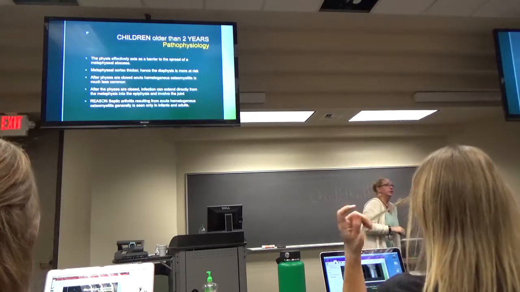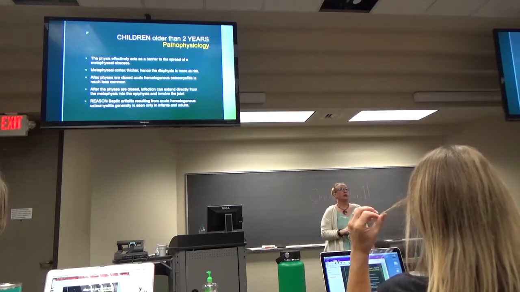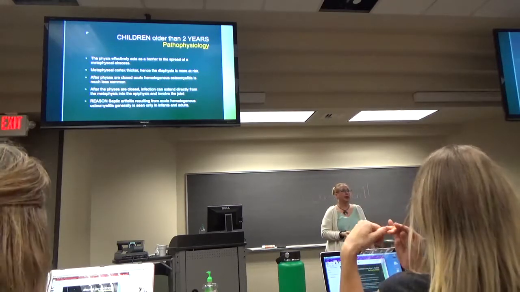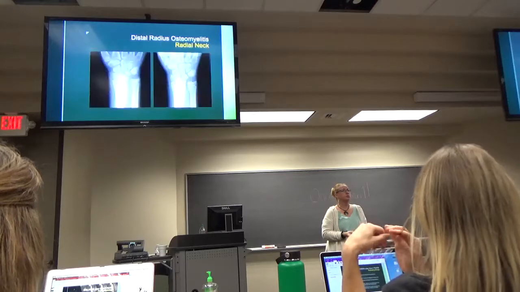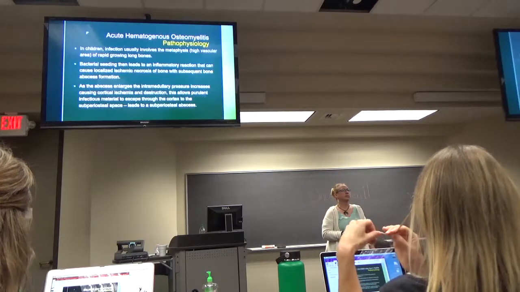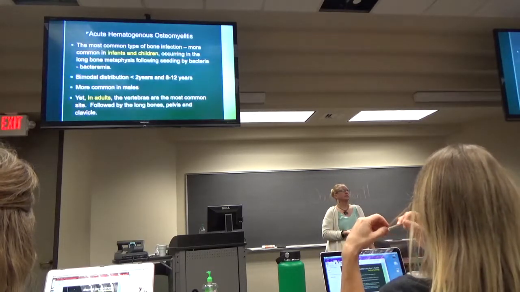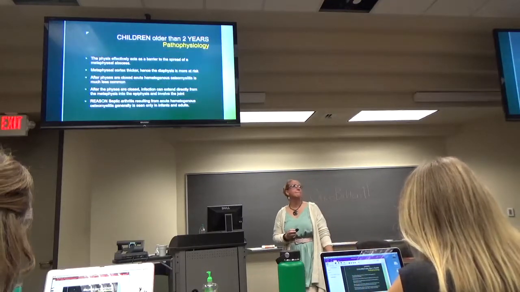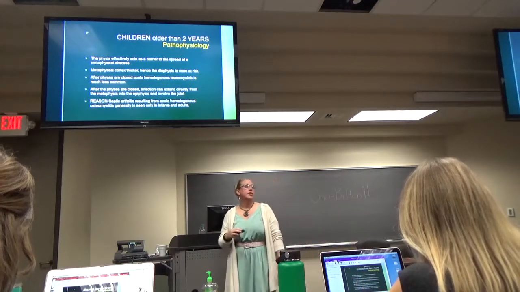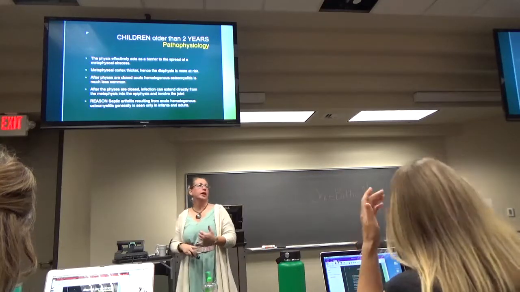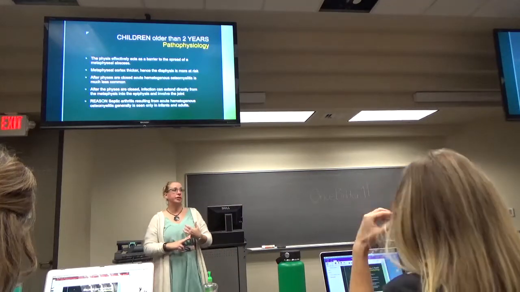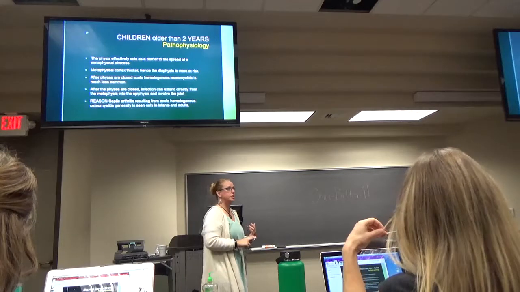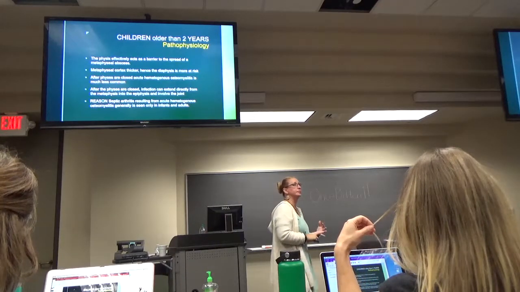Children that are older than 2 years. So the other group that we were talking about, 8 to 12, sorry. Just have to think of their anatomy. Again, they still have their growth plates that are open. They don't close until you reach puberty.